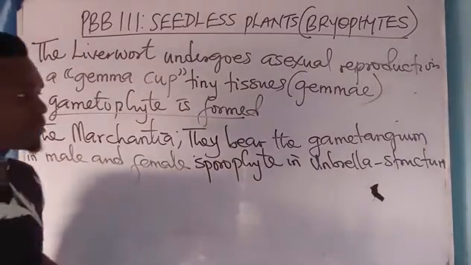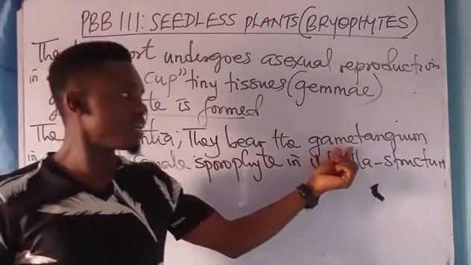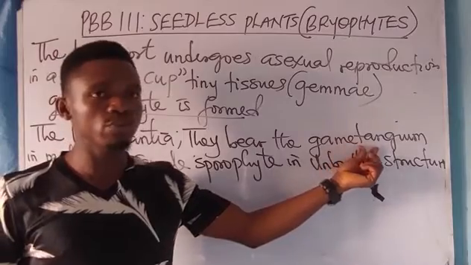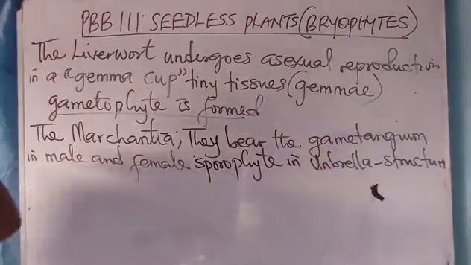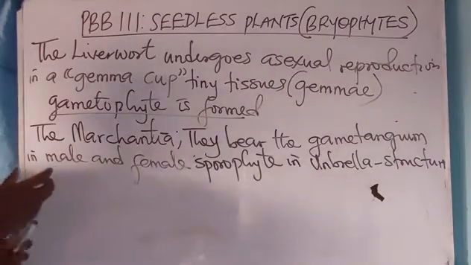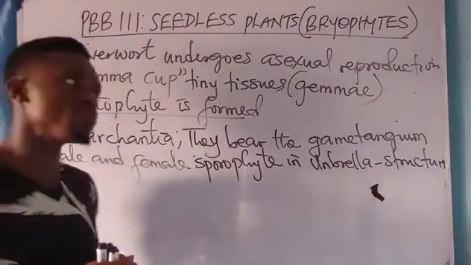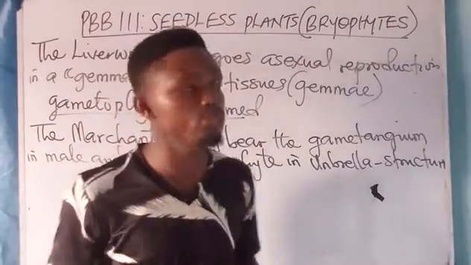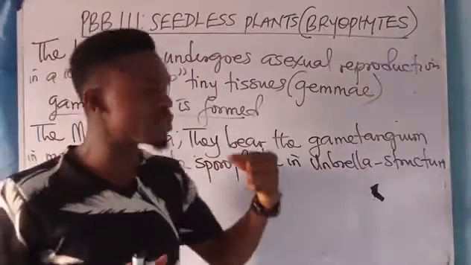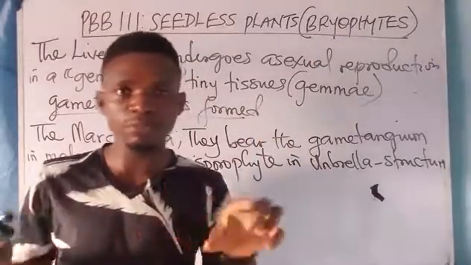Now I told us that the gametangium is what? A sperm producing what? Cell, or a gamete producing what? Cell. Now, you know, for a new progeny to be formed, there has to be what? Fertilization. And for there to be fertilization, there must be gametes from the opposite what? Parent.